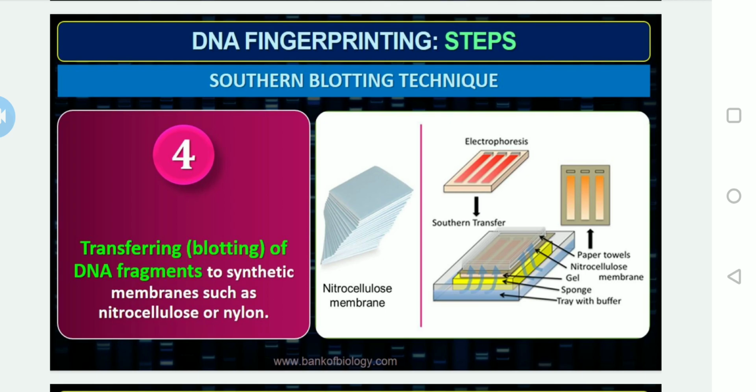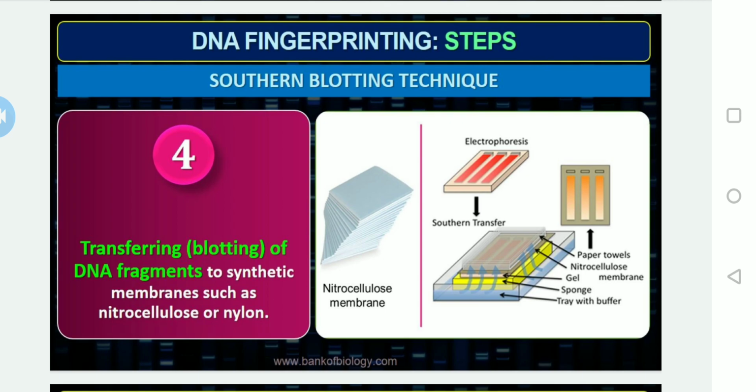Okay, so they will also ask one more question. How do we do the extraction of the DNA fragments, or what is the Southern blotting technique? The answer is the same. The single stranded DNA fragments present on the gel plate are extracted onto the nylon mesh or nitrocellulose membrane by the process called Southern blotting technique.